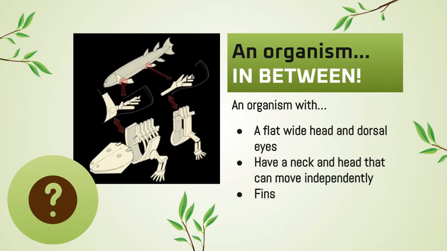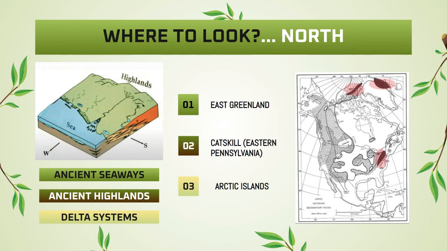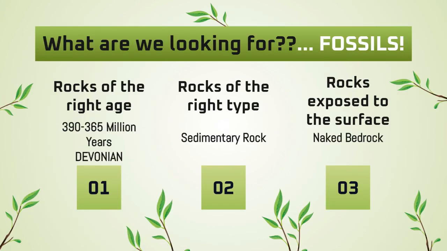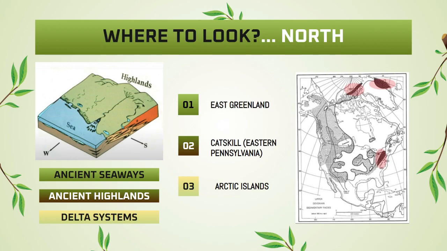Going back, we're bridging that gap between fish and tetrapod, sea and land. Therefore, ancient seaways and ancient highlands, somewhere in between that transitional period. So delta systems are a great place to look. Neil identified three places in North America that would have these three elements that we were looking for in fossils: rocks of the right age, rocks of the right type, and rocks that are exposed to the surface.